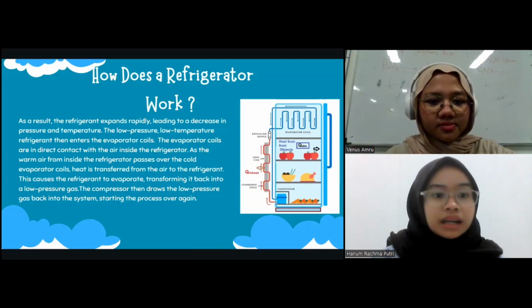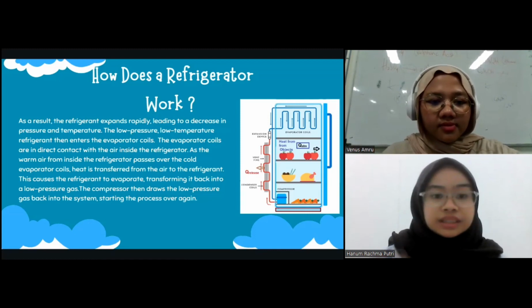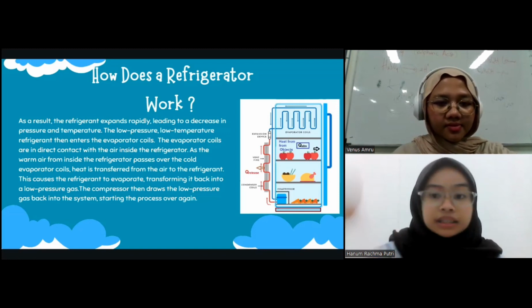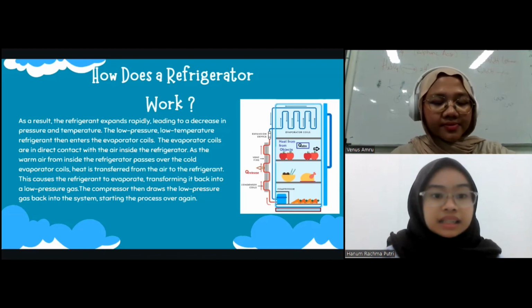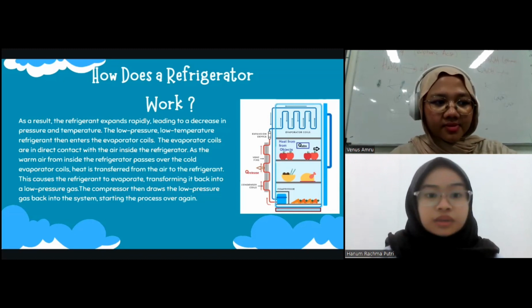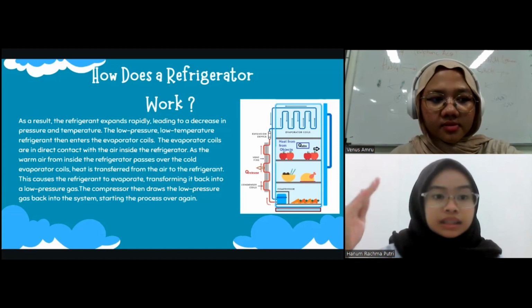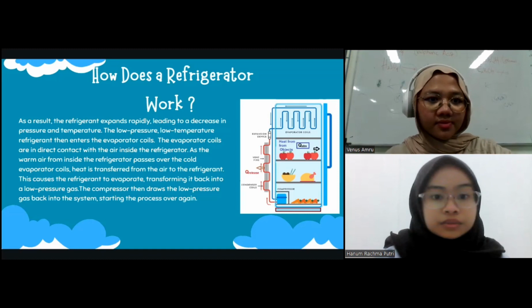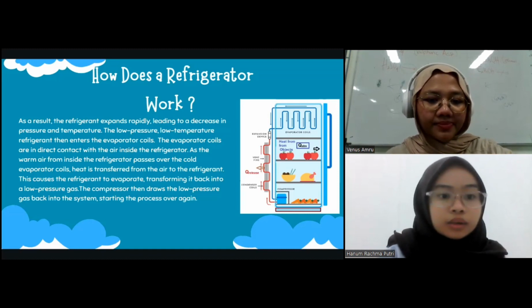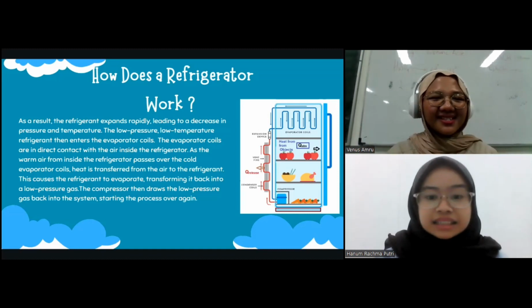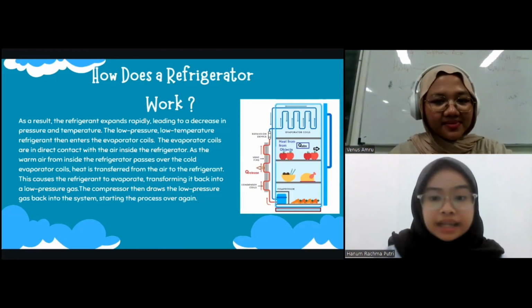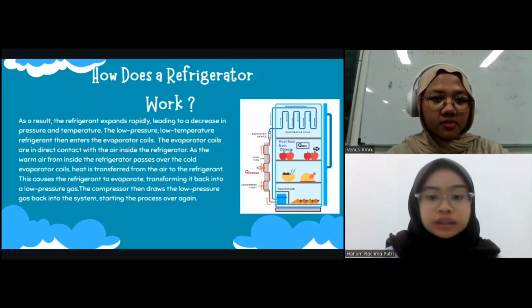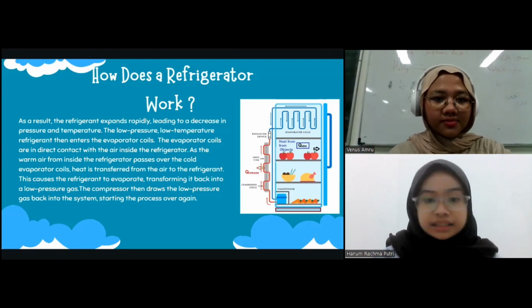As the warm air from inside the refrigerator passes over the cold evaporator coils, heat is transferred from the air to the refrigerant. This causes the refrigerant to evaporate and transform back into a low pressure gas. As the refrigerant absorbs heat from the air, it cools down the air inside the refrigerator, creating a cold environment for storing food and other items.